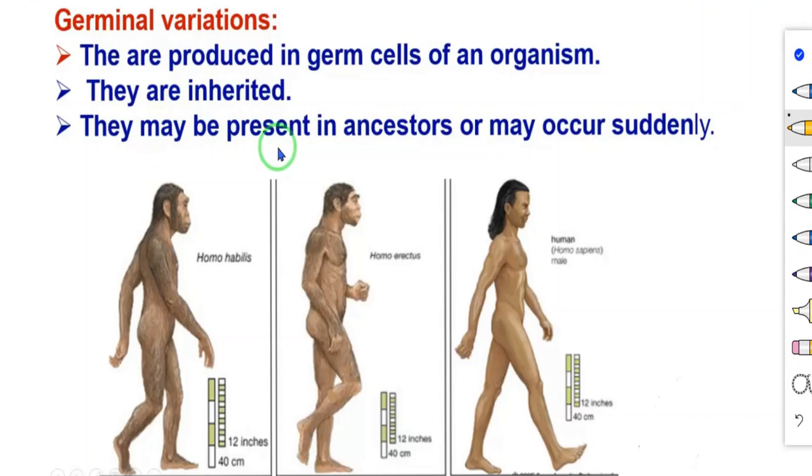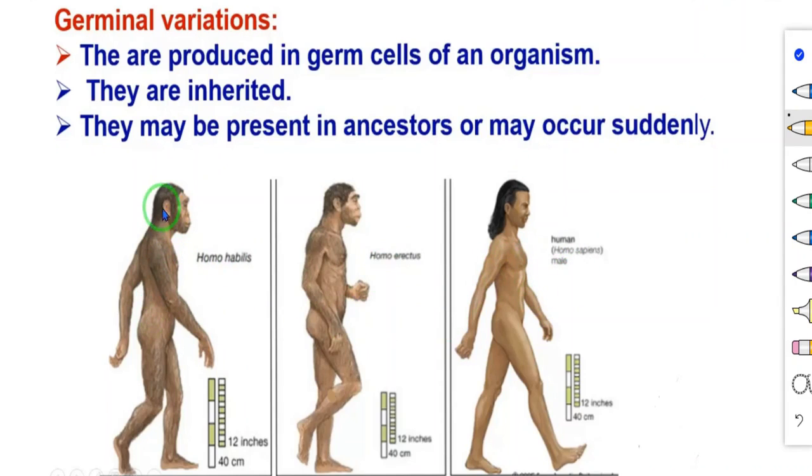They may be present in ancestors or may occur suddenly. Ancestors mean our forerunners. On some occasions, variations may occur suddenly. See this diagram: Homo habilis, Homo erectus, and Homo sapiens.